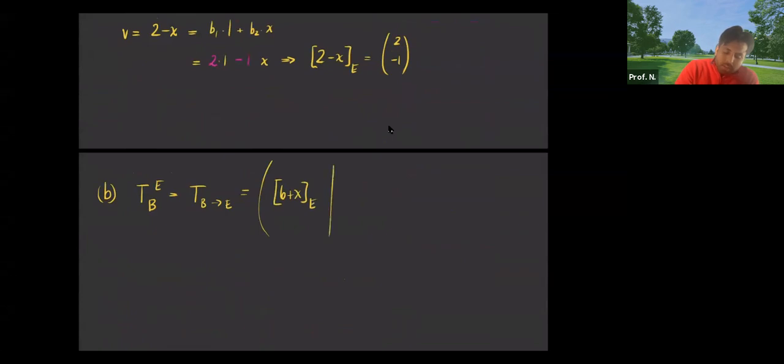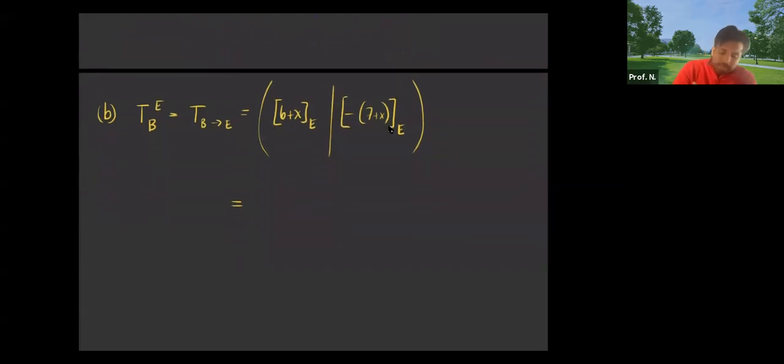And then the next one is -7 plus x, also relative to the new. I want to find the coordinates relative to the new basis. What are the coordinates of 6 plus x relative to E, which is the standard basis? It's simply going to be 6 and 1. And the next column will be -7, -1. Does everybody see that?